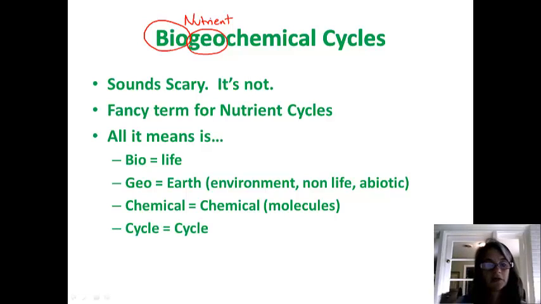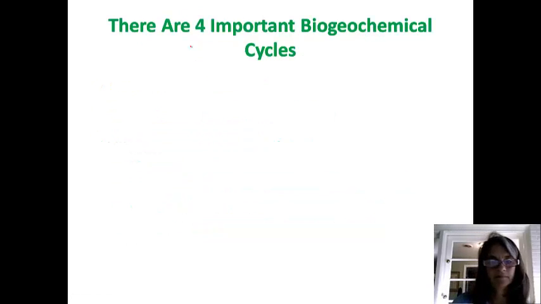So a biogeochemical cycle is just talking about these nutrient cycles where the nutrients spend some time in the earth, being simple, and some of their time in living things, being part of a very complex molecule or molecules, and then back to the earth again, returning to their simple form.